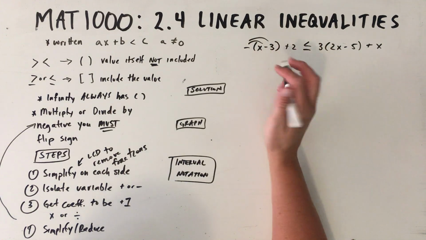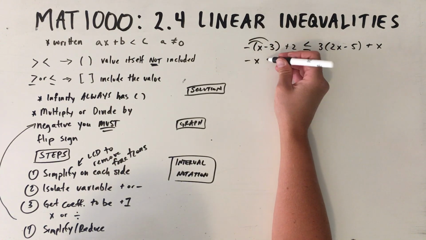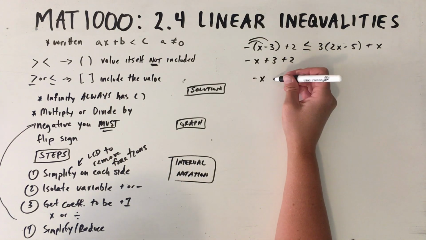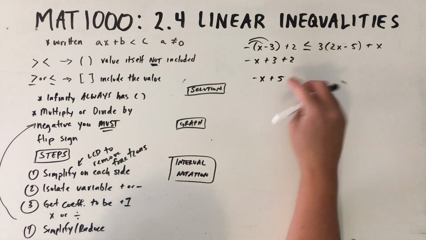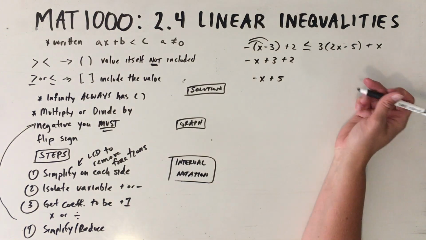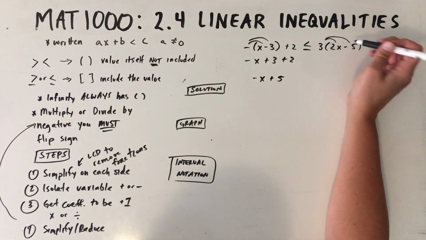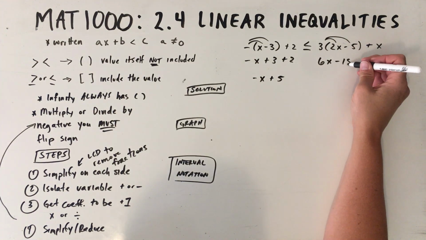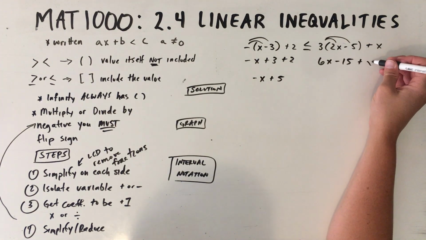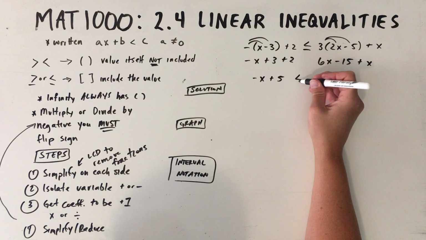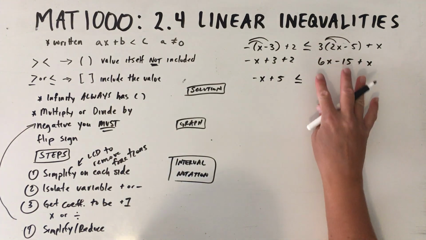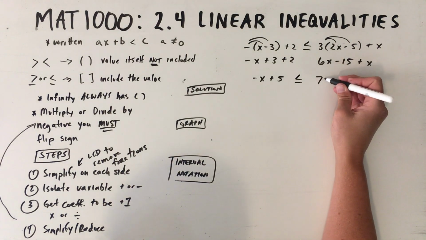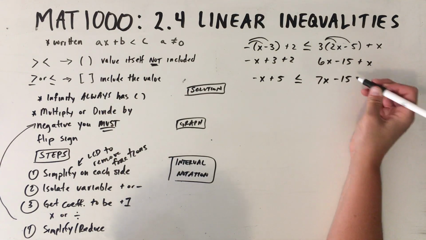Can't combine those, so I'm going to multiply. I'm going to get negative x plus 3 plus 2, which is going to give me a negative x plus 5 on this side. That's as simple as this side gets. Over here, I'm going to distribute as well. So I'm going to get 6x minus 15 plus x. I'm not doing anything with this sign, I'm just simplifying on each side. When I combine 6x and x on this side, I'm going to get 7x minus 15.